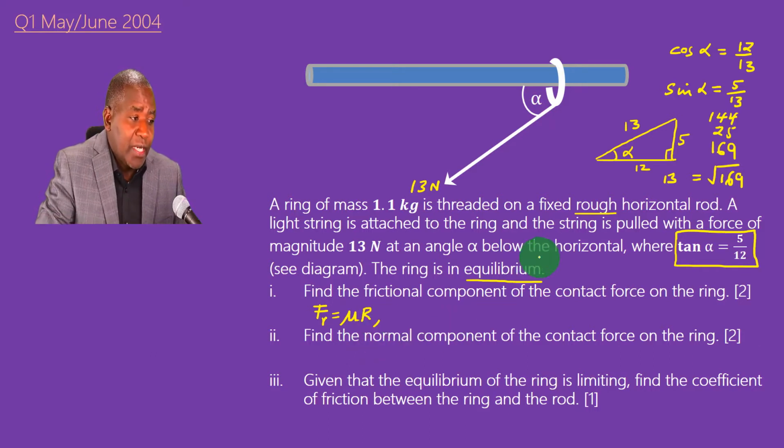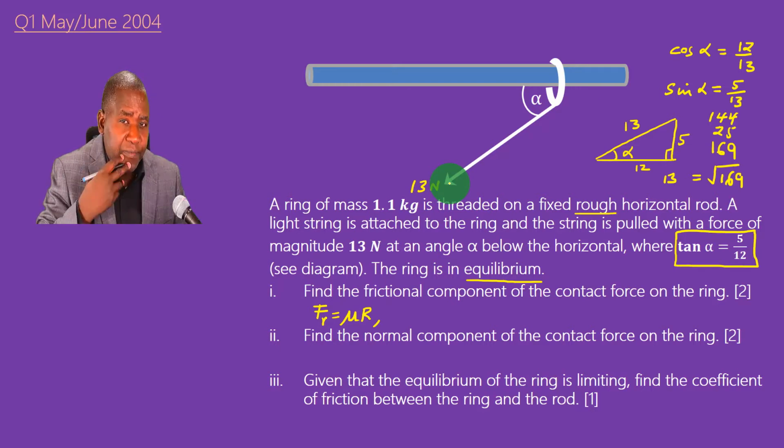Now over here, it's important that you resolve this force in two convenient directions. Sometimes they won't tell you the directions in which to resolve. Sometimes they will. In this case, they have not even suggested.